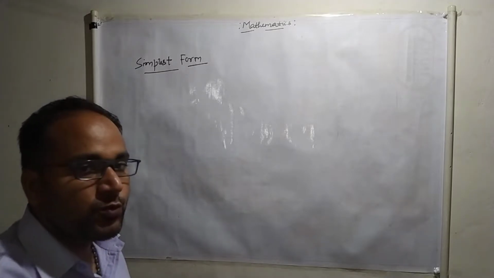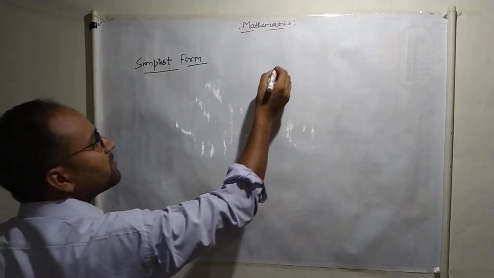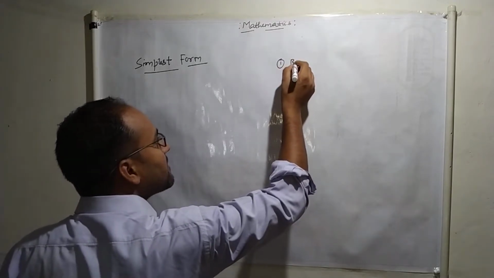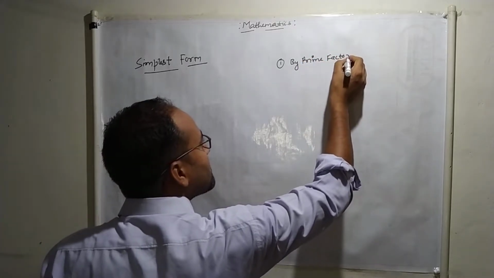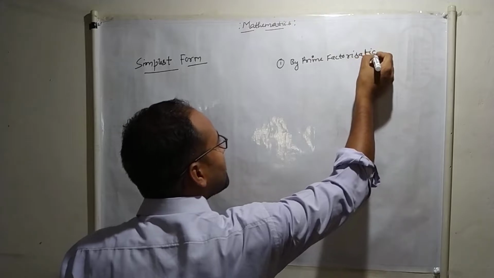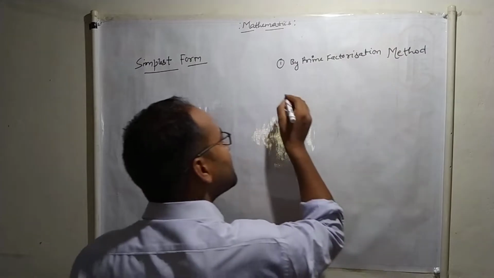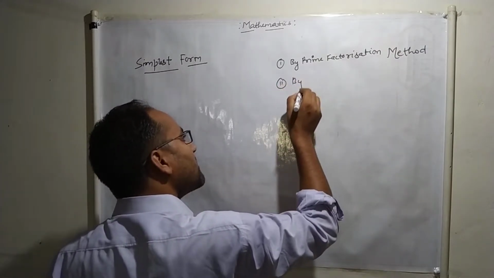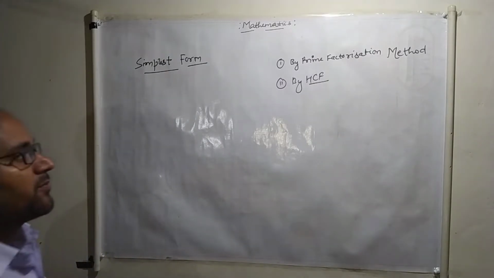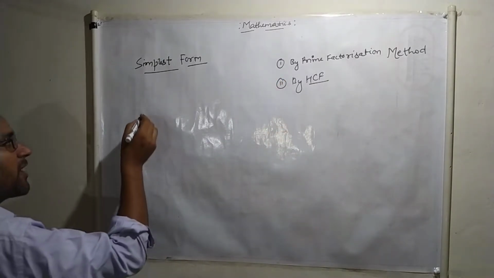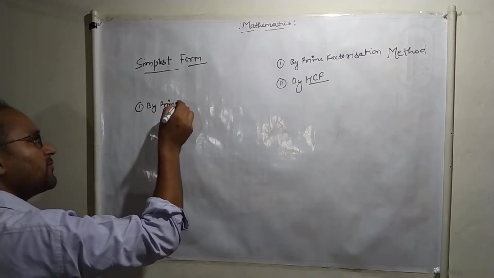Students, there are two basic processes. The first method is by prime factorization, and the second is by HCF, the highest common factor. Here I am going to discuss the first one, by prime factorization.